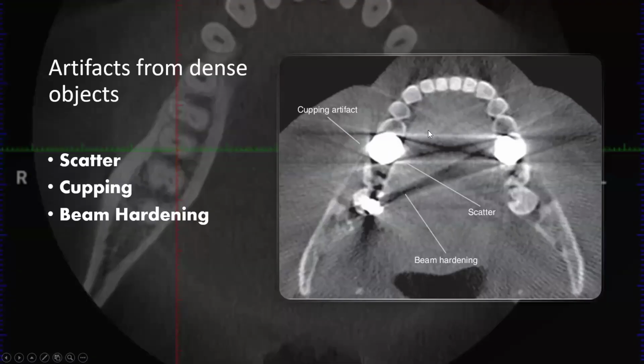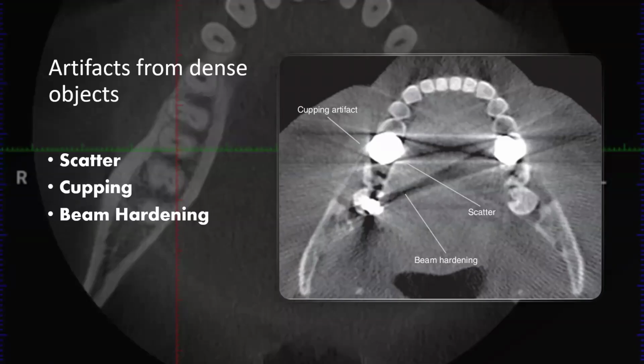But I would say just recognize that these light and dark streaking artifacts, I would call these streaks rather than the scatter. Streaking artifact, maybe photon starvation artifact, is where you get these white lines. Just recognize that they're dense material artifacts. It especially happens with metal, but titanium's metal too. It's just a lower density metal than amalgam or some of these crowns we have.